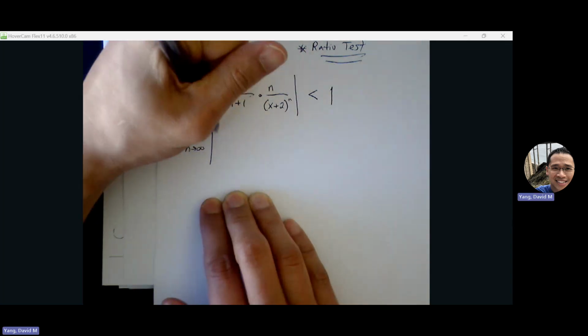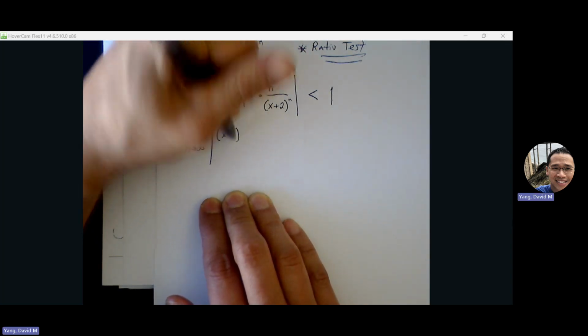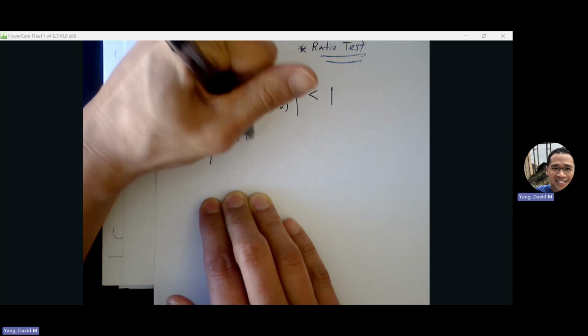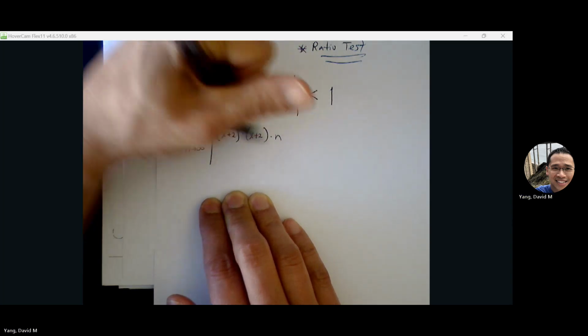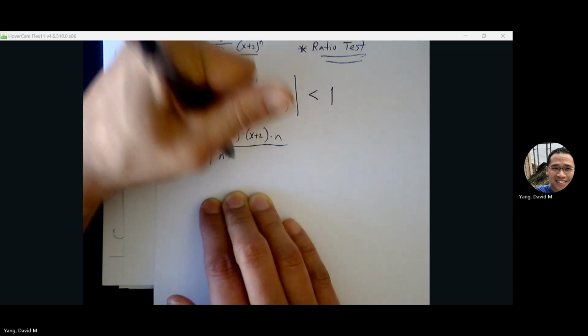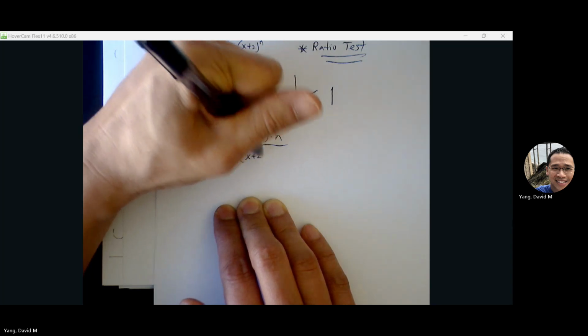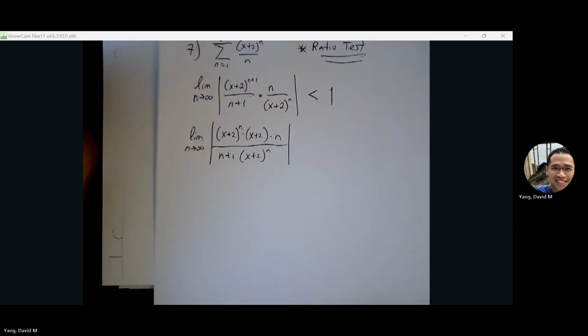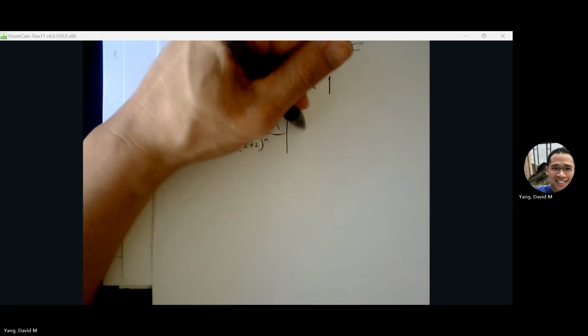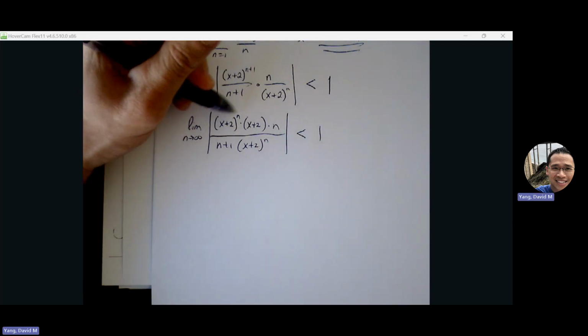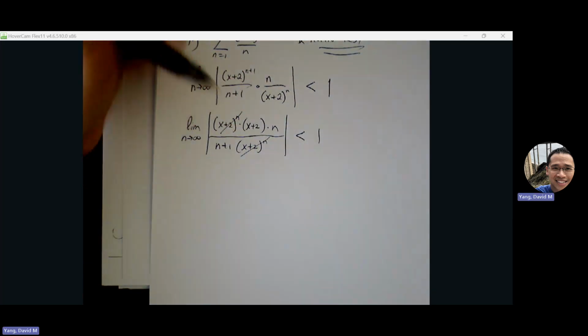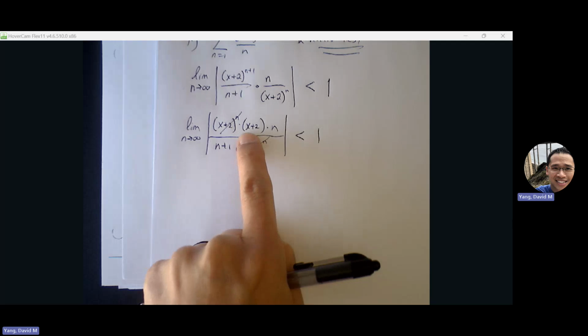I'm going to break all these apart so I can see what's left. The (x plus 2) to the n goes away. Now, x is going to be some static value that we're looking for.